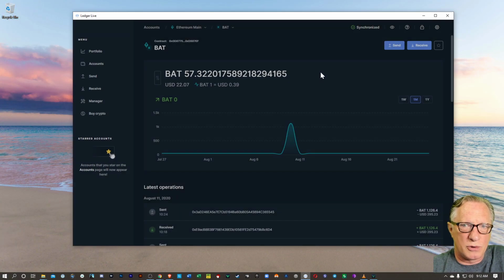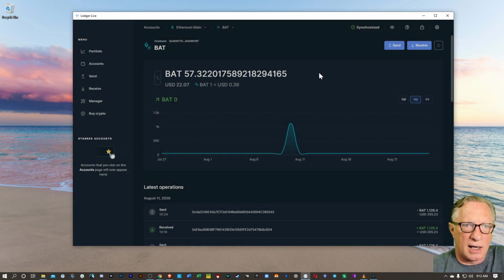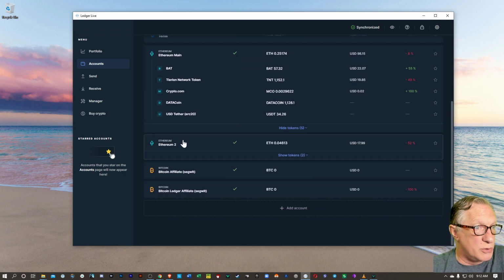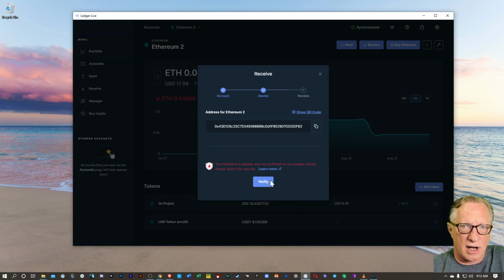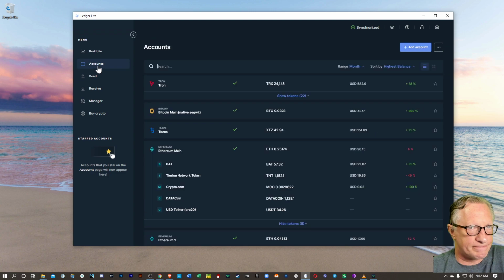Now, suppose that I wanted to send BAT. All right. Let's just use an arbitrary Ethereum address. I've got 2 accounts. You can have multiple accounts within Ledger Live. I'll just get the Ethereum address of this other wallet. Right? It's just another Ethereum wallet with a small amount of Ethereum in it.